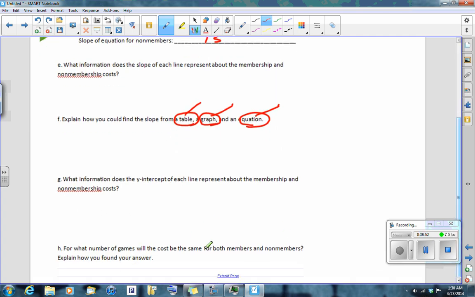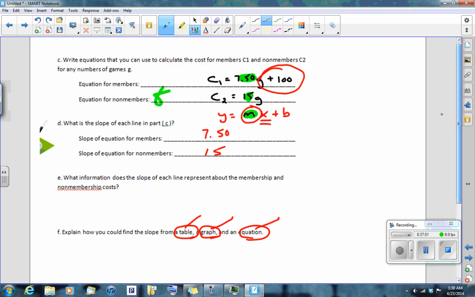For what number of games will the cost be the same for both members and non-members, and explain how you found your answer. If you wanted to go to the equations, you could do some guessing and checking to find out what we could multiply 15 by and $7.50 by, plus 100, to get the same cost. But that would take a lot of guessing and checking with the calculator.